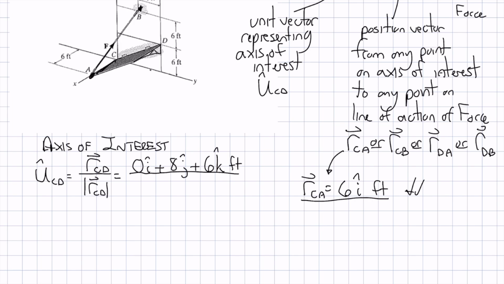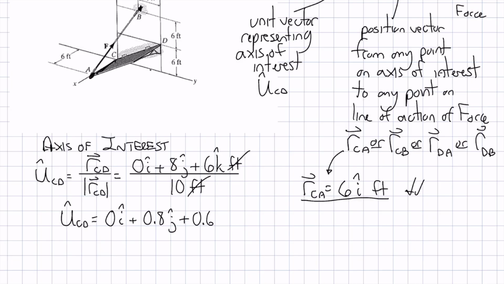And the overall magnitude of that, by the way, if you do 8 squared plus 6 squared and take the square root, is going to be 10 feet. And the feet cancel here. So this UCD is basically 0 i plus 0.8 j plus 0.6 k hat. That's one other thing we need.